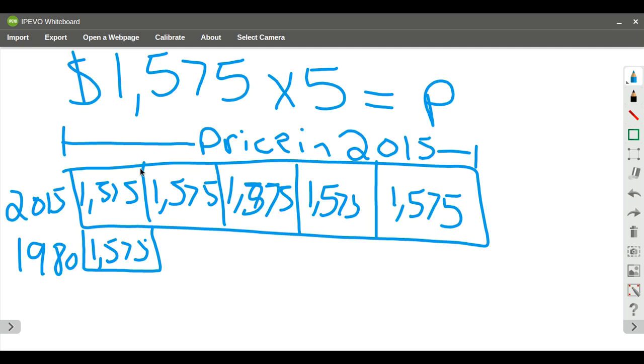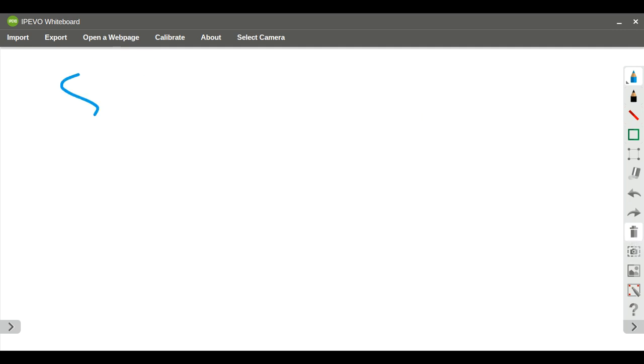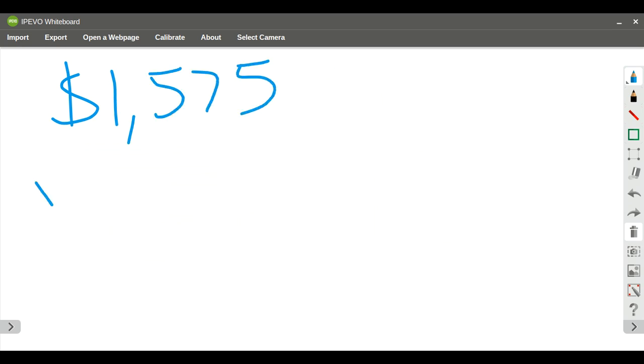I'm ready to actually go ahead and solve using that standard algorithm. So to use that standard algorithm, I'm just going to multiply 1,575 times 5. First thing I'm going to do is round 1,575 to a nice number that's going to be easy for me.